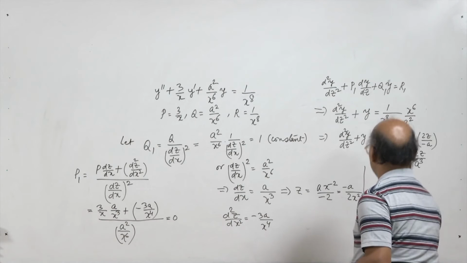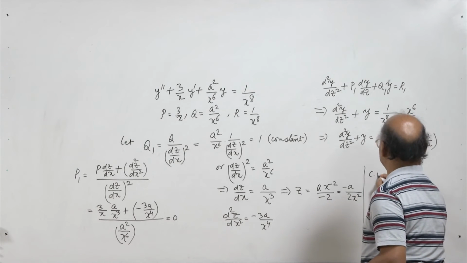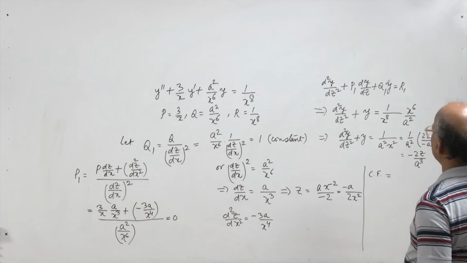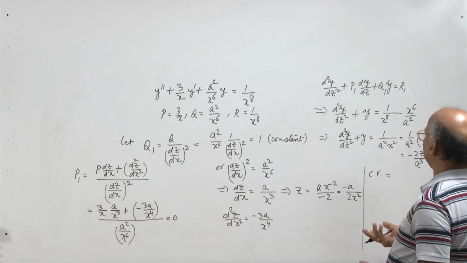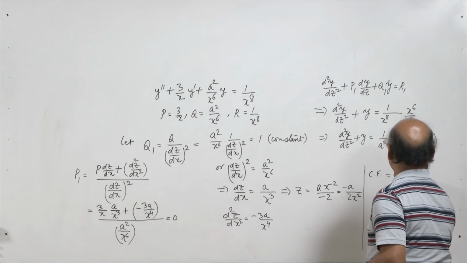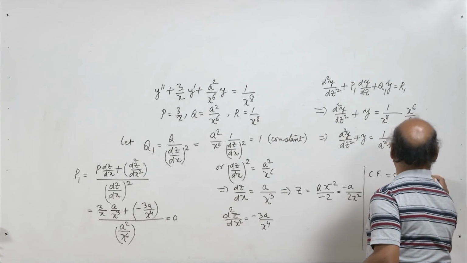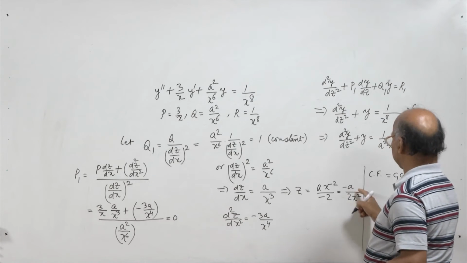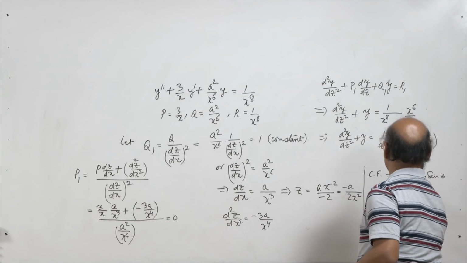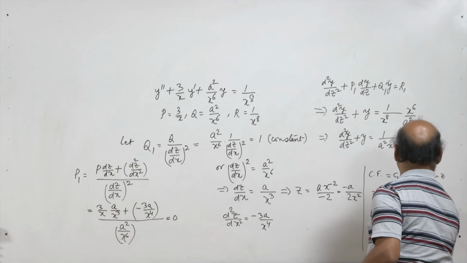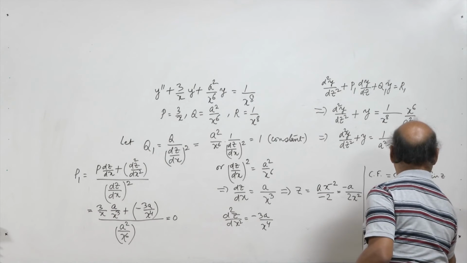So we can write the complementary function for this. Here the auxiliary equation will be m square plus 1 equal to 0. So the roots will be complex conjugate, m equal to plus minus i. So the complementary function will be c1 cos z plus c2 sin z, and z we see is equal to minus a by 2x square. So c1 cos of minus a by 2x square plus c2 sin of minus a by 2x square.